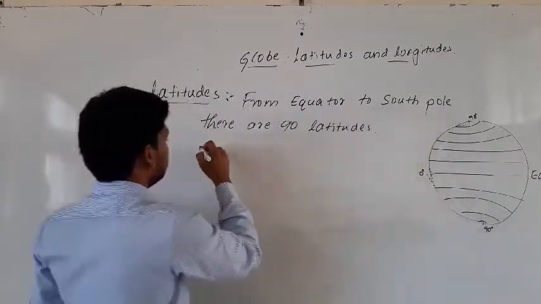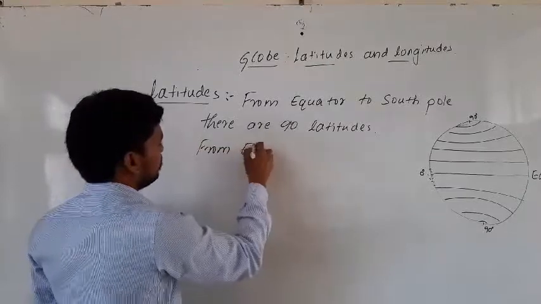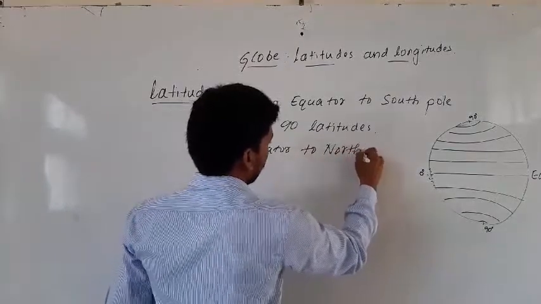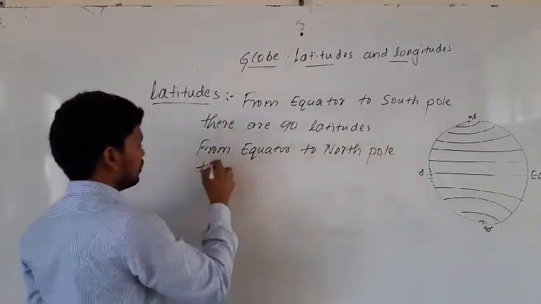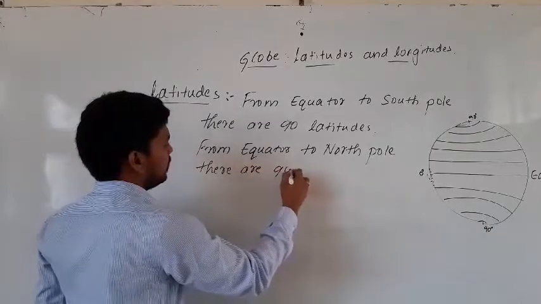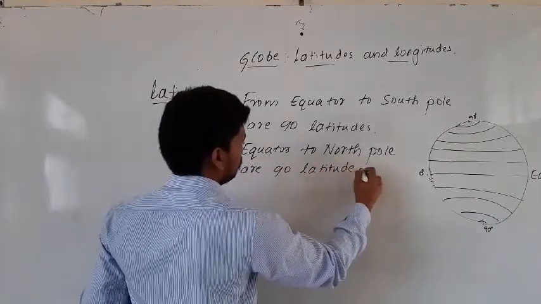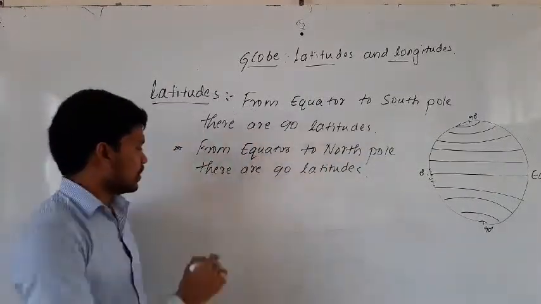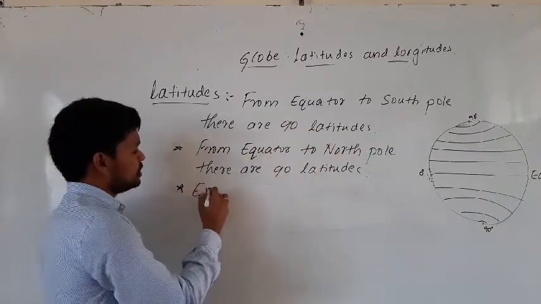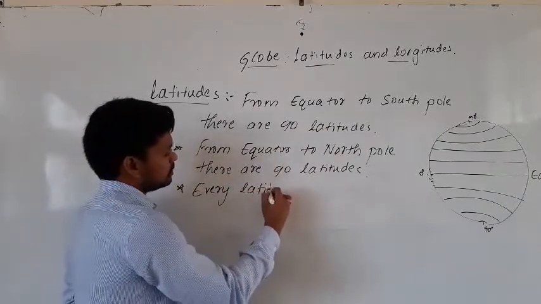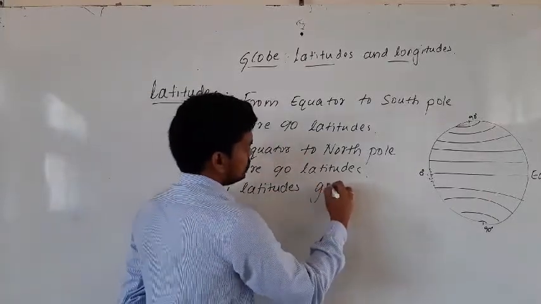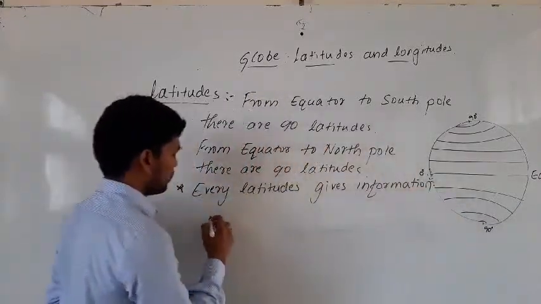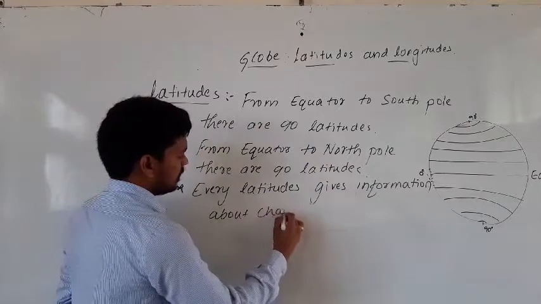And from the equator to the North Pole, there are 90 latitudes. So totally we have 180 latitudes. So every latitude gives information about change in temperature.